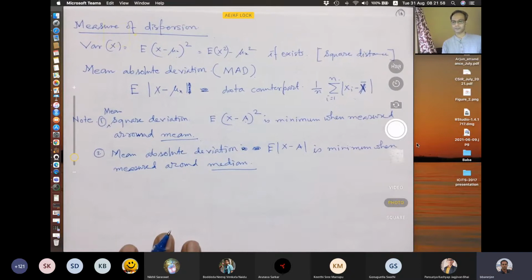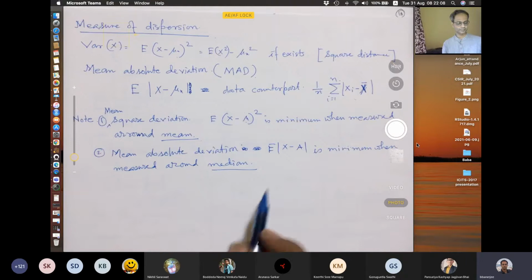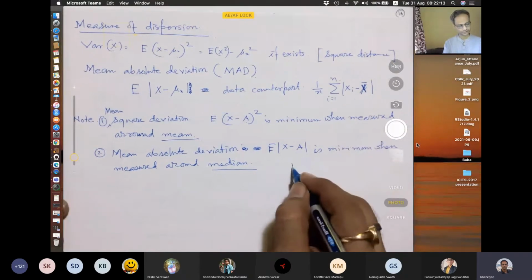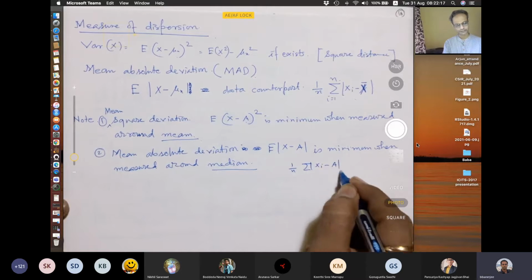I have asked you to do one exercise: write a code for simulating or generating a few data points, or you choose 5-10 data points, and minimize this function, 1 upon n sum over |xi minus a|. Have you done that?